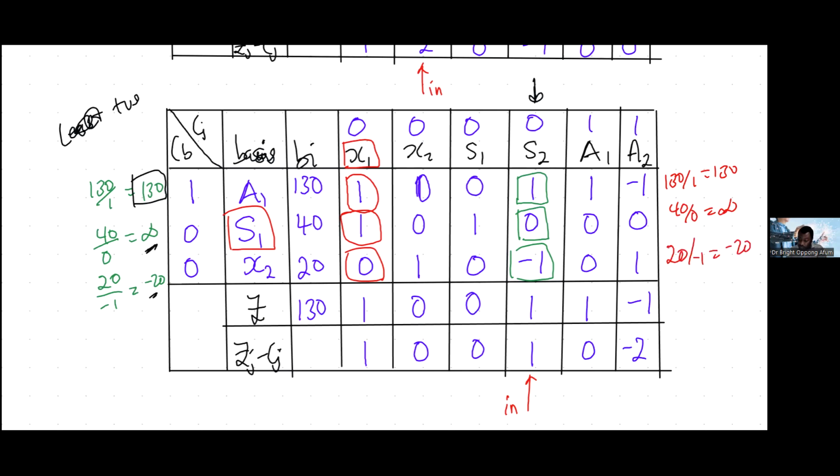And therefore, this value is the out, right? So we can just clean this tableau. Perfect. All right, so this is what this means.